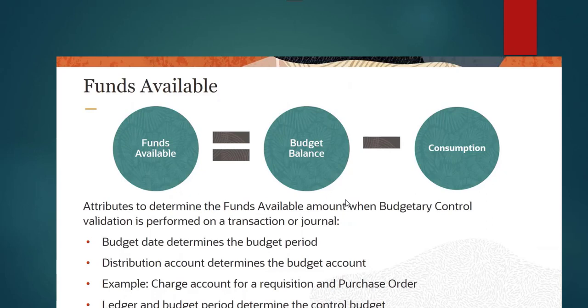So you have your budget date, which determines the budget period. The distribution account determines the budget account. So for example, you have got a chart of account for a requisition and a purchase order, a charge account for a requisition and a purchase order. So that's your chart of account that's going to determine the budget account, and then the ledger and the budget period then will determine the control budget.